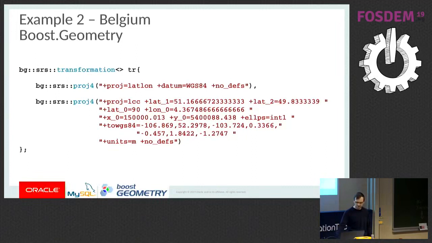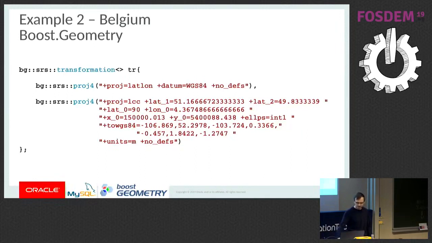So we are transforming from WGS84 to this map projection with a high number of parameters. So this is the first possibility. Obviously the strings have to be parsed, parameters extracted, which takes time.